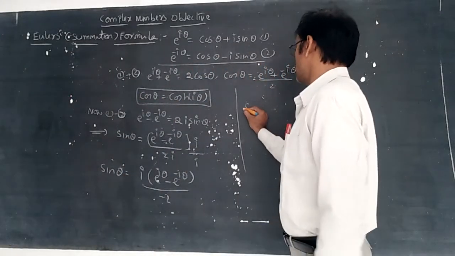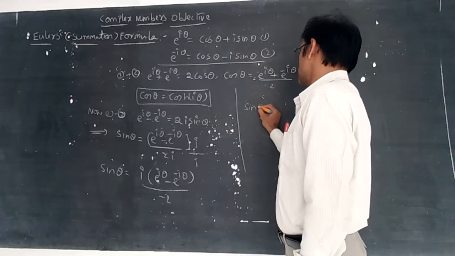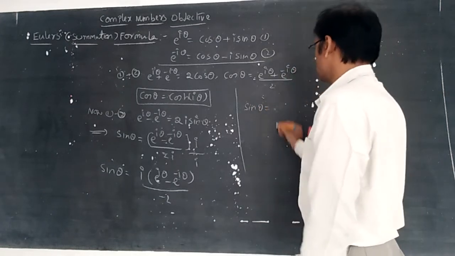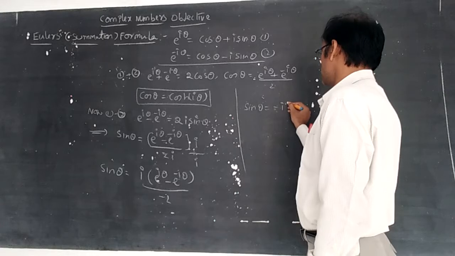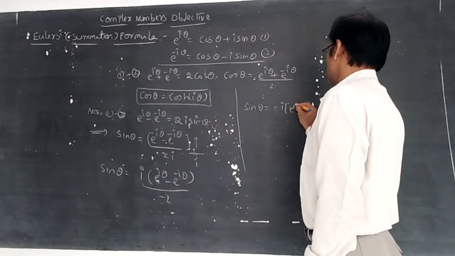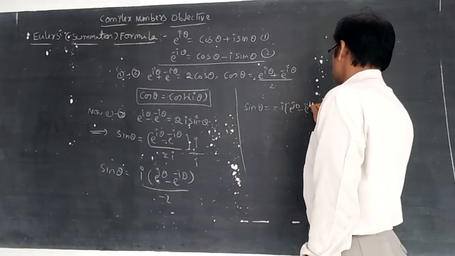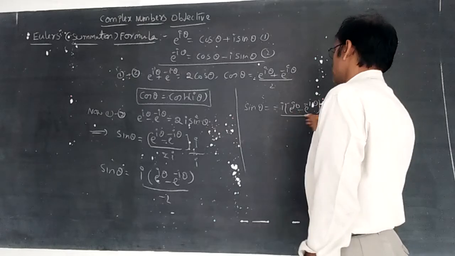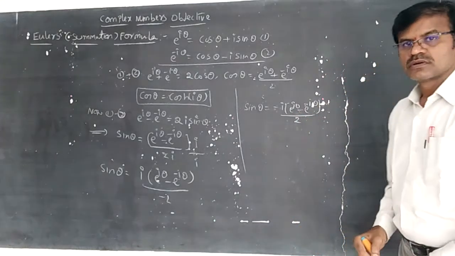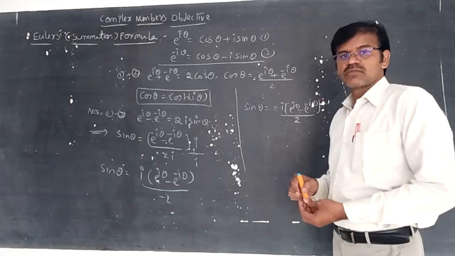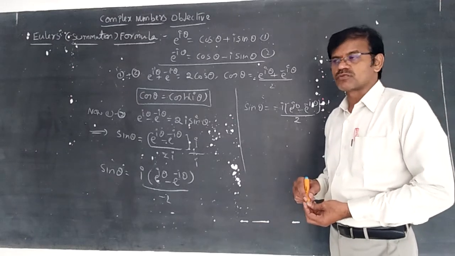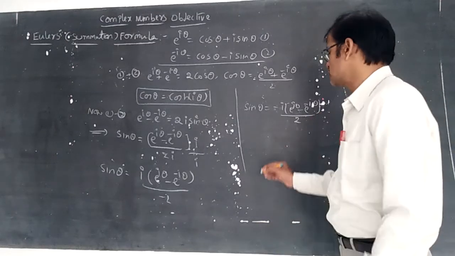This can be understood as sin theta is equal to minus i into e power i theta minus e power minus i theta whole by 2. e power x minus e power minus x by 2 is the formula for sin hx.